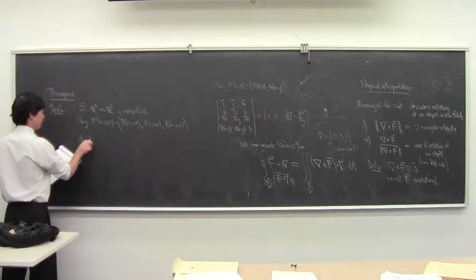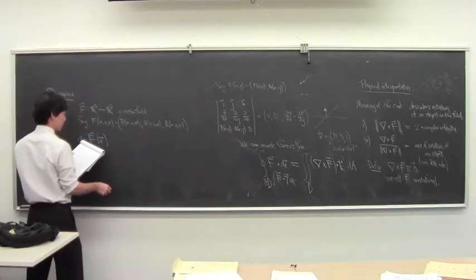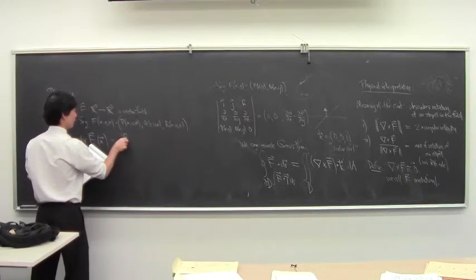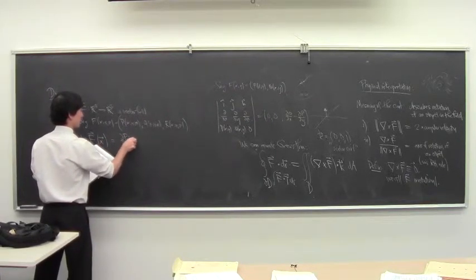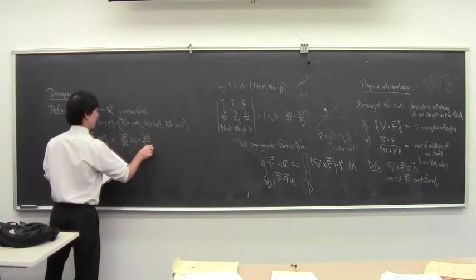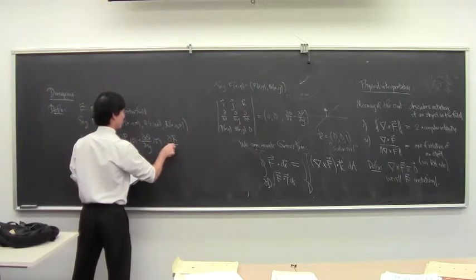Then the divergence of f at some point is defined as the partial of P with respect to x plus the partial of Q with respect to y plus the partial of R with respect to z.